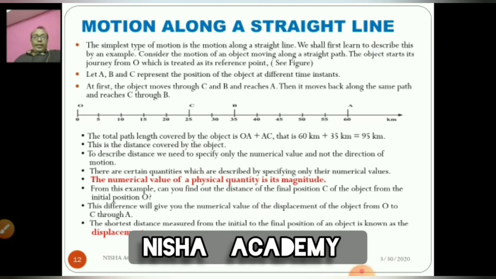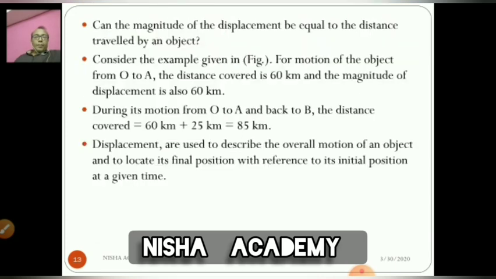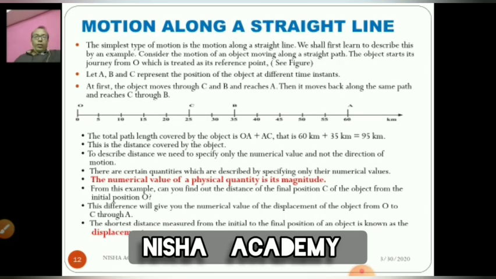In the example, the final position of the object is C. Here we can see that the object moves from O to A and then reaches C. The object has travelled a total distance of 95 kilometers, but the object is only displaced from O to C. The shortest distance between O and C is 25 kilometers, so the displacement of the object is only 25 kilometers.